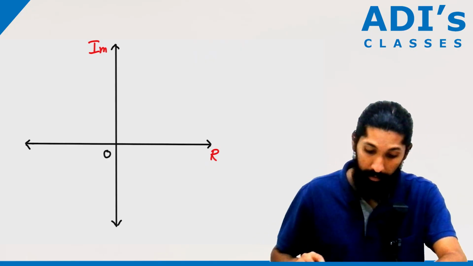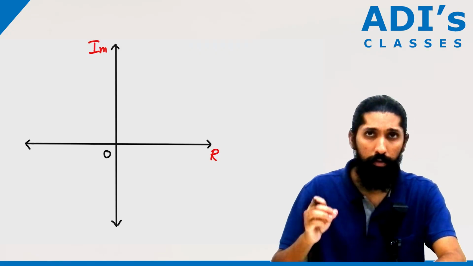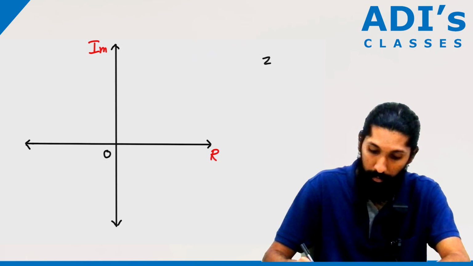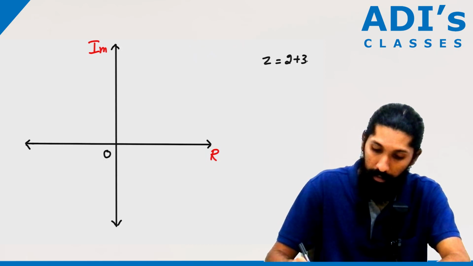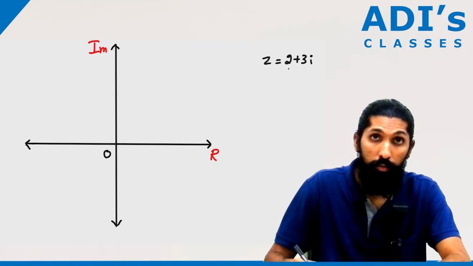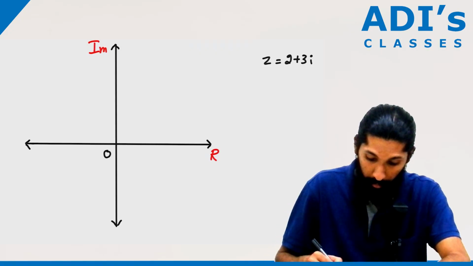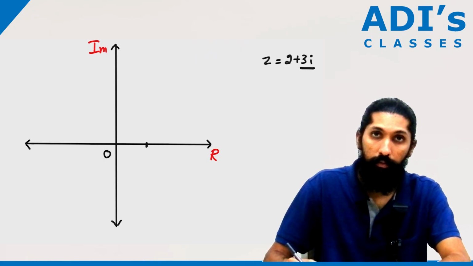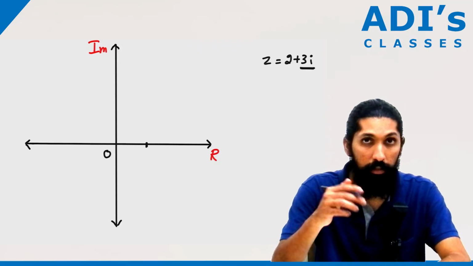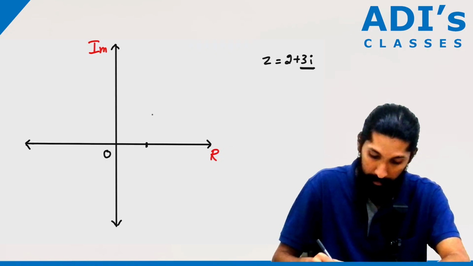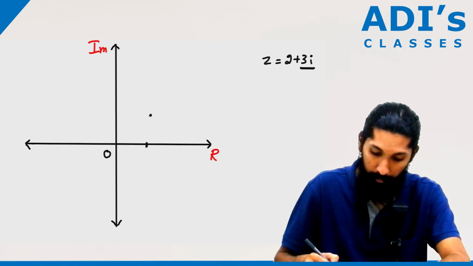Suppose you have z is equal to 2 plus 3i. The real part is positive 2, so you go 2 on the right side. Next you have plus 3i along the positive y-axis, because the y-axis is nothing but the imaginary part, isn't it? So 2 plus 3i is going to be a point somewhere over here.